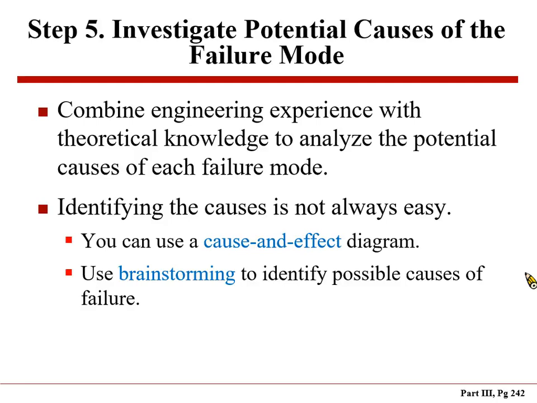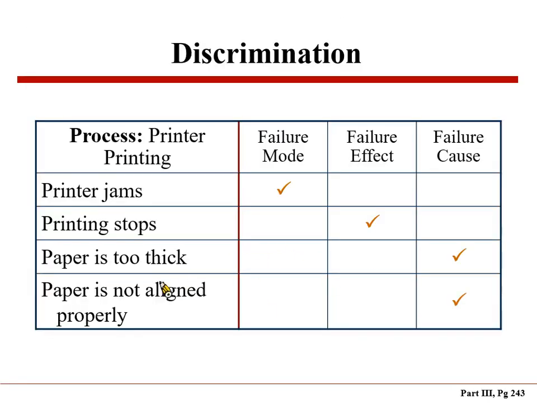In step 4, we investigate the potential cause of the value mode. So maybe we can use a fishbone diagram. So we have to identify what is the value mode and what is the value effect or value cause.